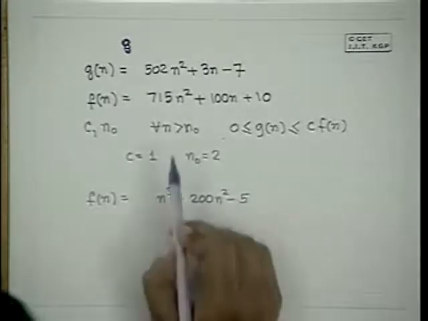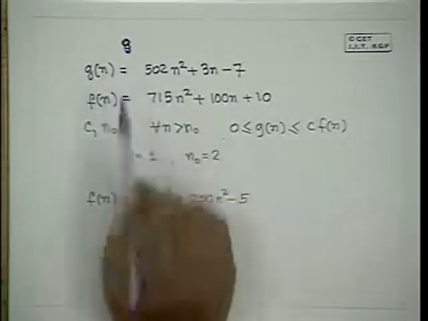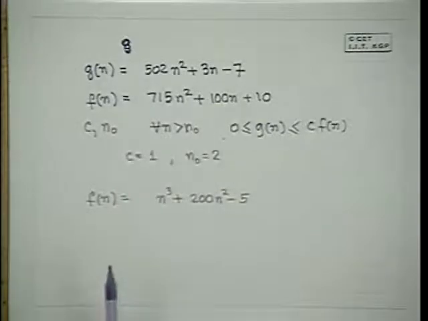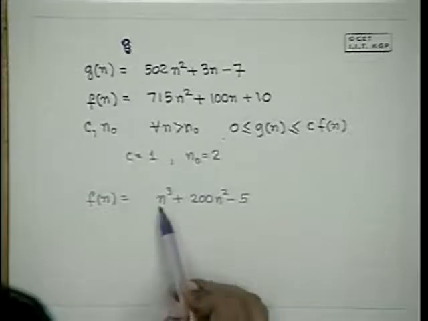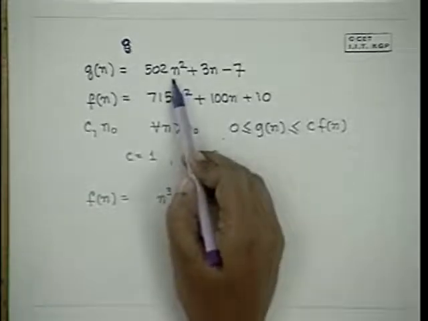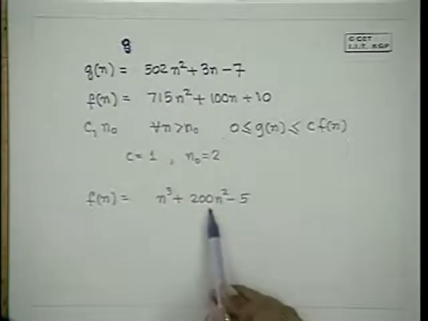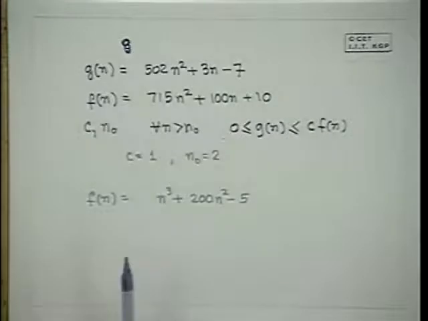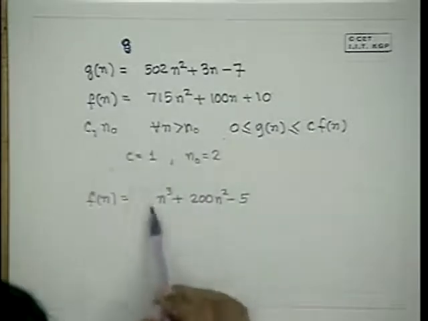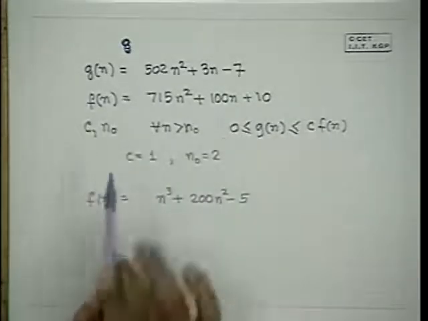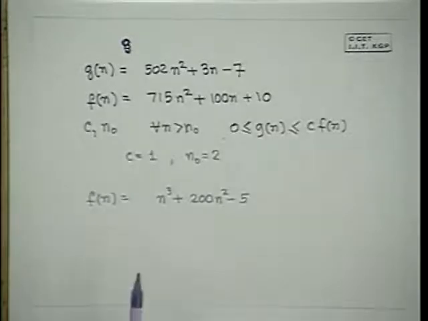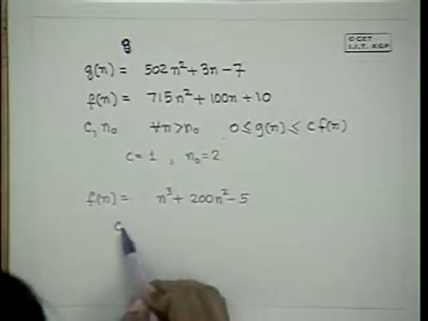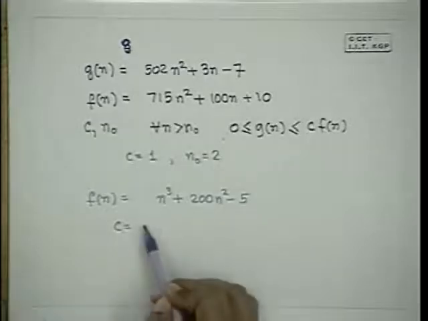Here, is F(n) an upper bounding function of G(n) when n tends to large? Because when n tends to large, n cube is going to become much more than 500 n square. But to formally prove this, you have to find the value of C and N0, any constant C and any N0, and choose C equal to, what C will you choose?